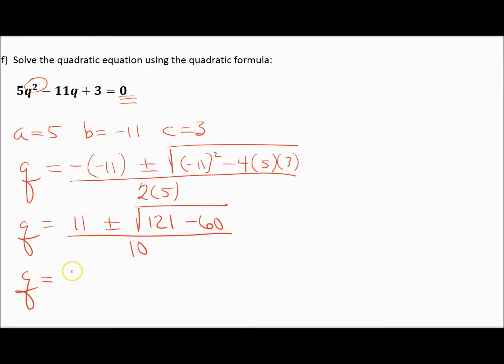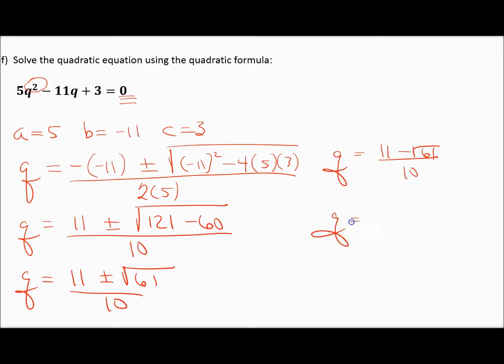So continuing on, q is equal to 11 plus or minus the square root of 121 minus 60 gives me 61 over 10. And here's the thing. Square root of 61, as far as I know, will not simplify. So you write this as two separate answers. One of them is q is equal to 11 minus the square root of 61 over 10.